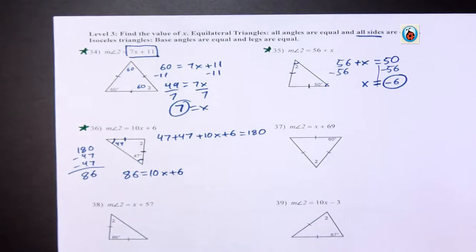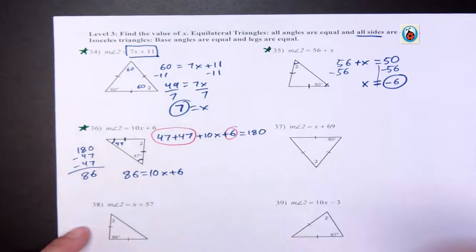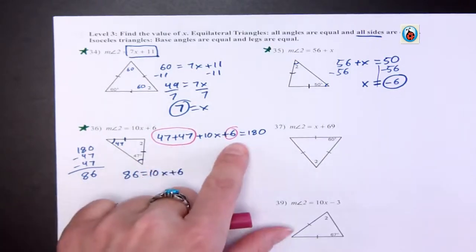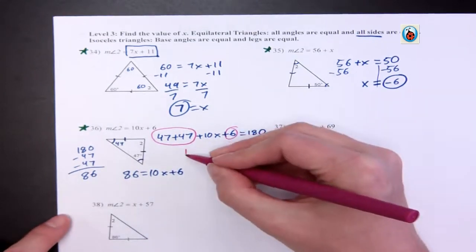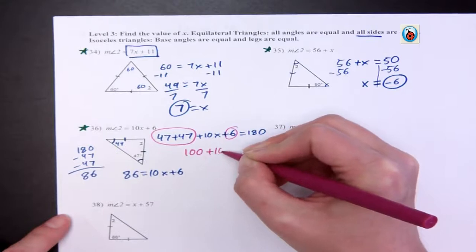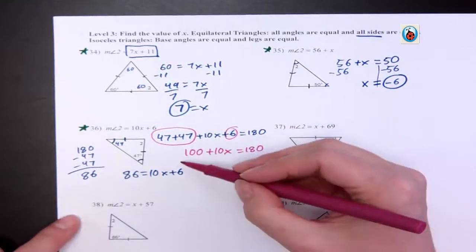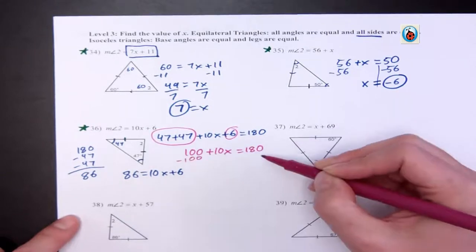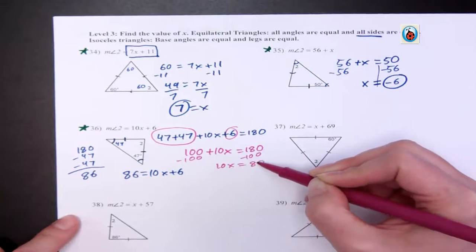So if I'm doing it this way, my first step would be to combine those like terms and do 47 plus 47 plus another 6 to get 100 plus 10x equals 180. Then I subtract the 100 to get 10x equals 80.